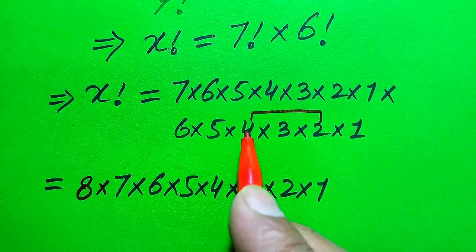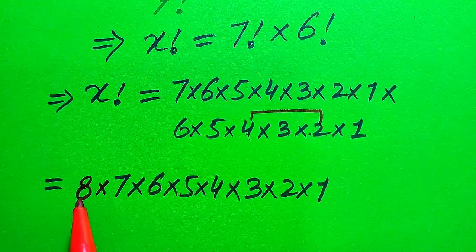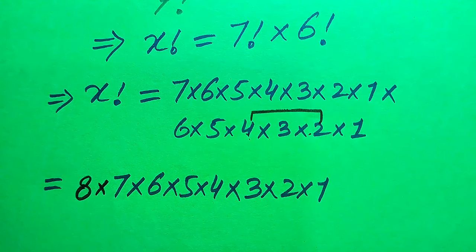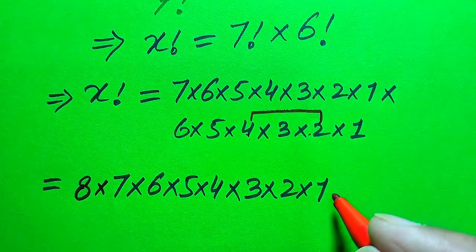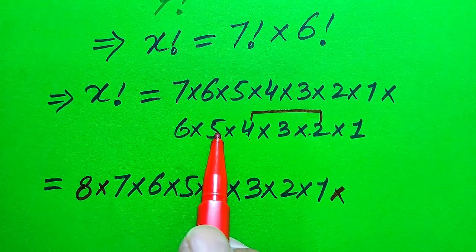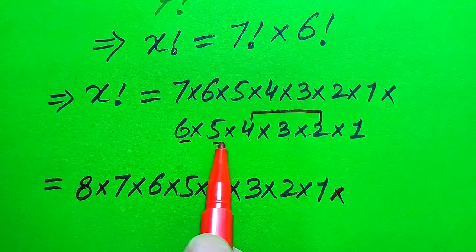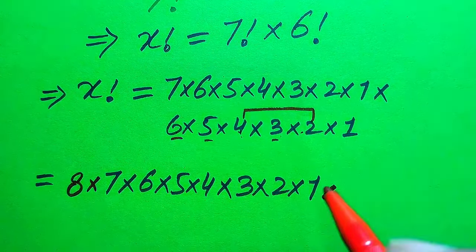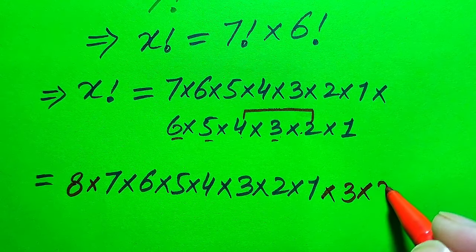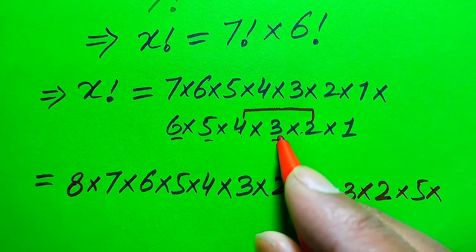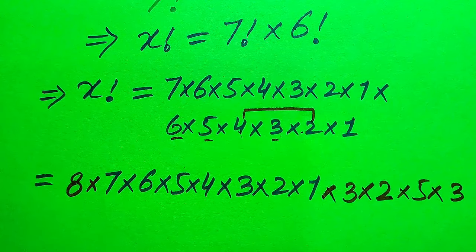We move this from last to top. Further, the remaining values are 6, 5 and 3. Here we write this 6 as 3 multiplied by 2, and we write 5, and here we get 3 only.